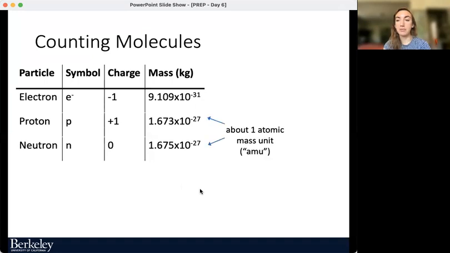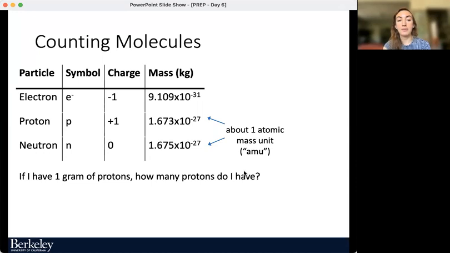If you remember, we defined atomic mass units as approximately the mass of a proton or a neutron, because they weigh about the same. And just as a reminder, electrons weigh basically nothing, so we're not going to really think about them when we're talking about mass. And so 1 atomic mass unit is about 1.67 kilograms.